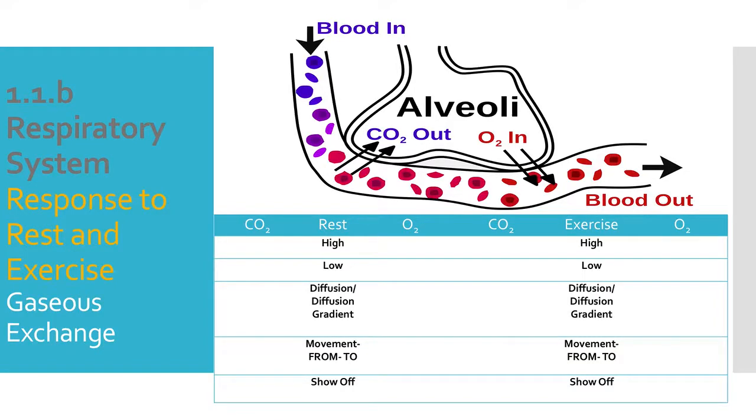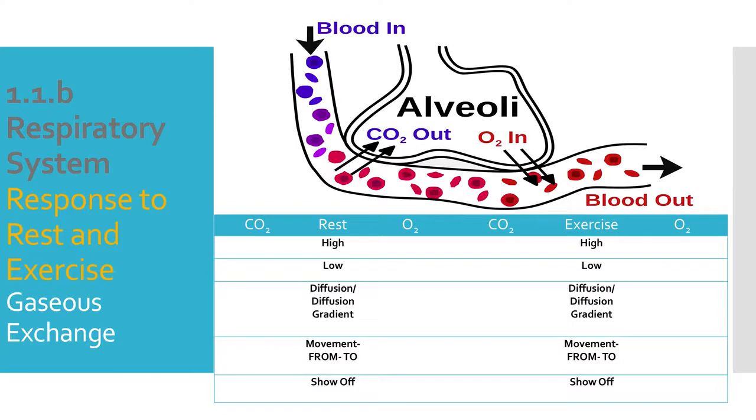Well, it's a waste product of aerobic respiration. Where is the CO2 low? Well, it is low inside the alveoli. In fact, just pause, mate, and have a go at answering this yourself, both rest and exercise for external. And then press play on me again and listen to me go through it and just check your understanding.